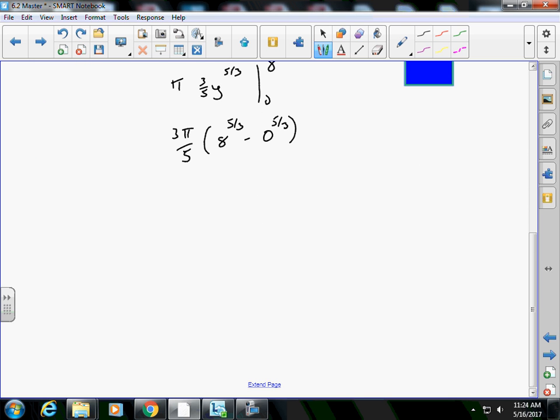Well, 8 to the 5/3: the cube root of 8 is 2. So I really have 3 pi over 5 times 2 to the 5th, subtract 0, or 3 pi over 5 times 32, which gives me 96 pi over 5.